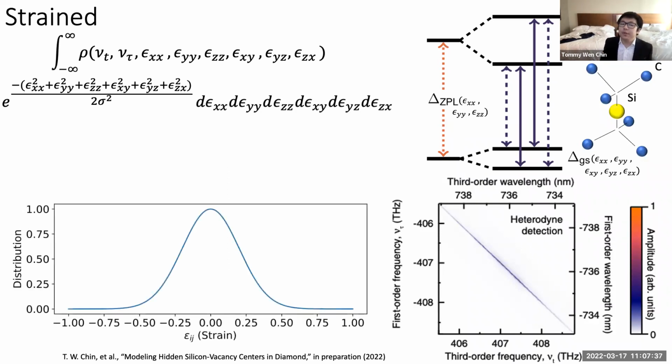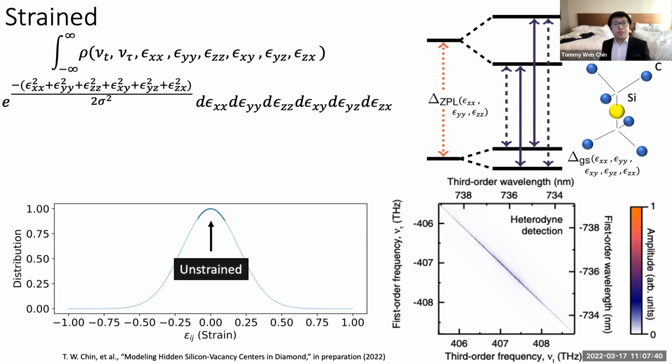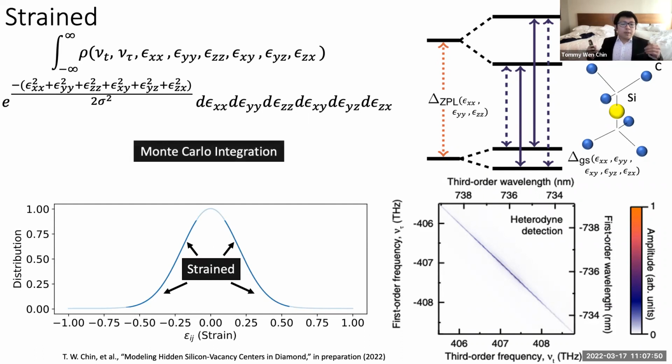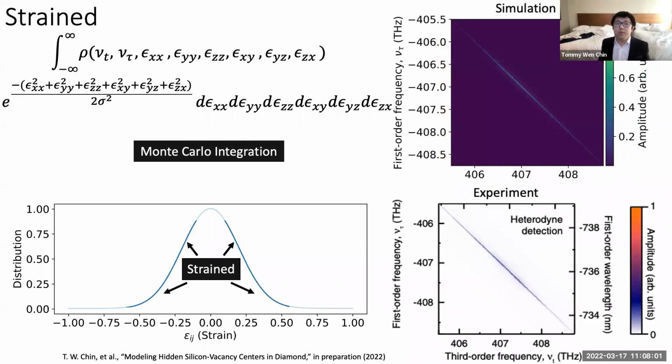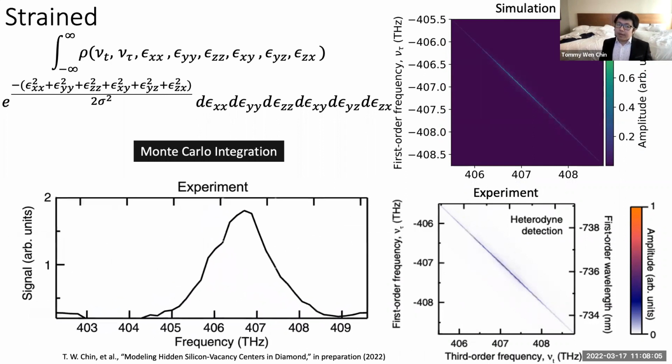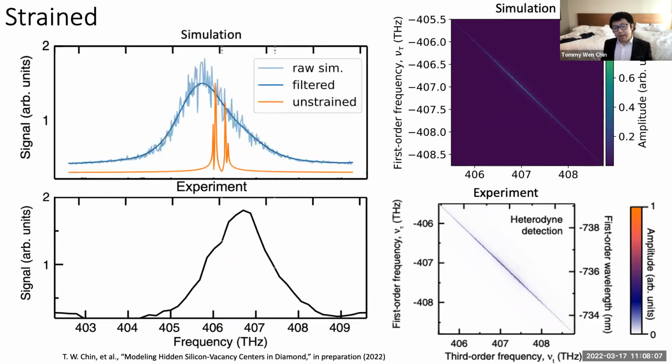A physical interpretation of this is that a bunch of SiV centers are unstrained, and a bunch of others are strained according to the normal distribution. Well, the most efficient way to solve a 6D integral that I know of is via Monte Carlo integration. And by doing so, we obtain the following 2D spectrum. For easier comparison, we can again project onto the horizontal axes.